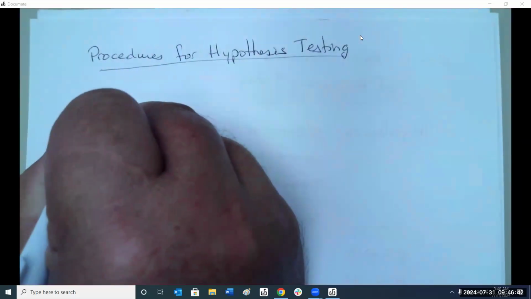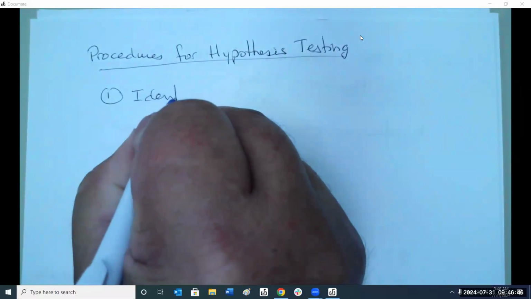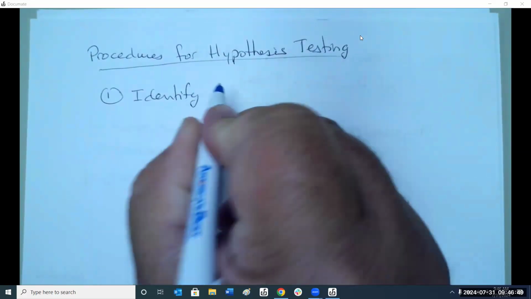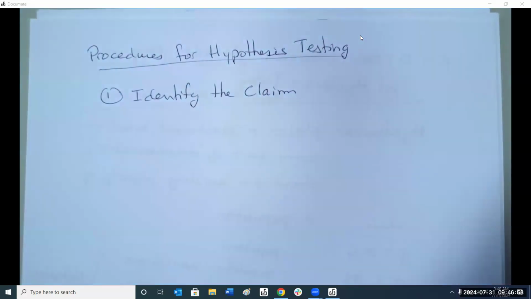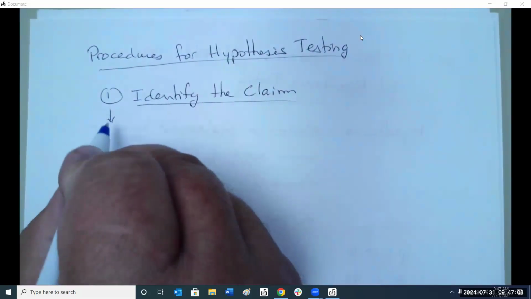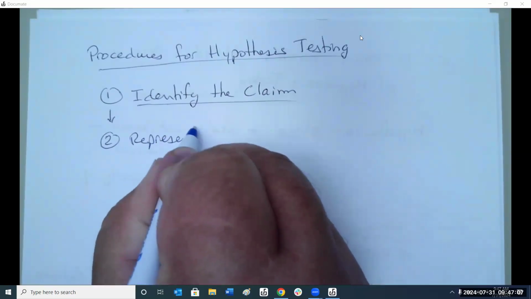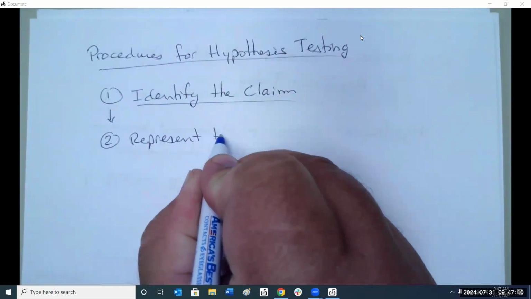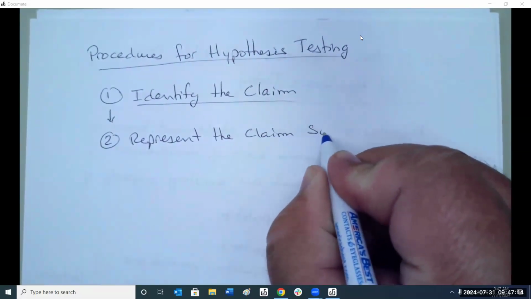So the first thing you have to do is identify the claim. What is being claimed? From there, represent the claim symbolically.